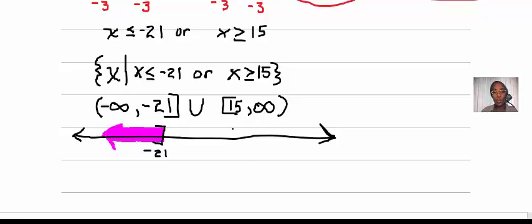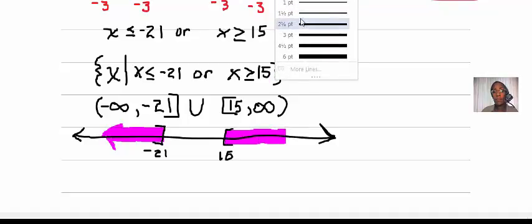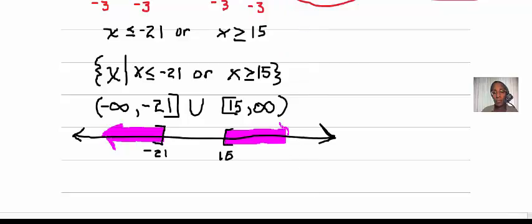And I must also show a positive 15. And again, I am shading to the right of 15, and an arrow to show that I can move indefinitely to the right.